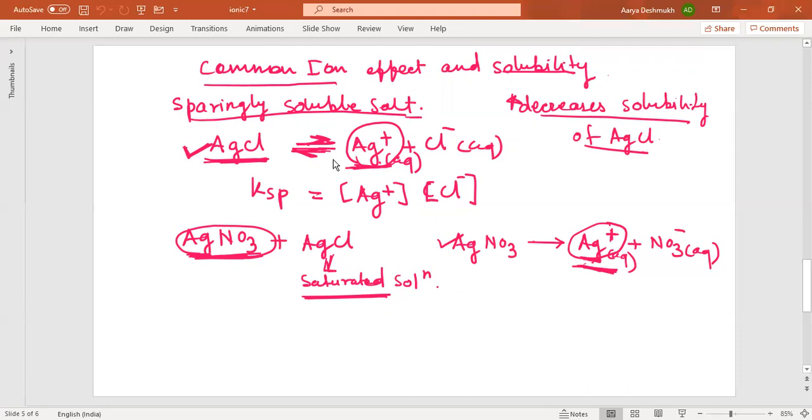So the common ion effect suppresses the solubility of a sparingly soluble salt due to the presence of a common ion in it.